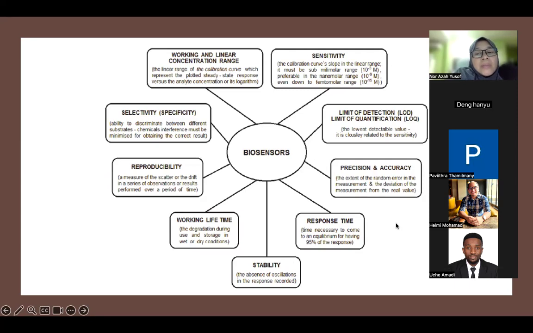So response time is based on the signal generated by the transducer. Remember, the interaction between the analytes and the receptors will be transduced, and the signal will be given out by the transducers.